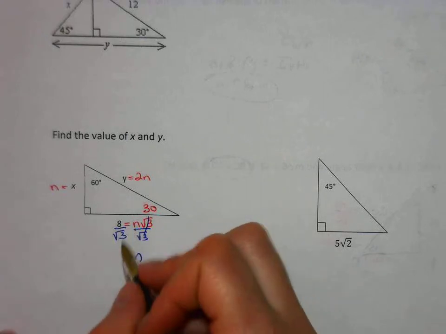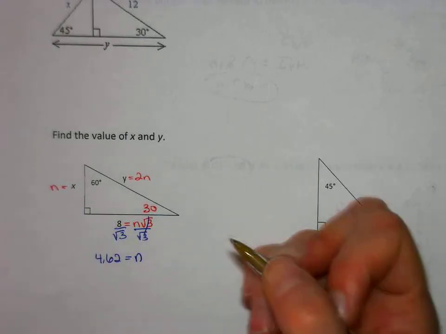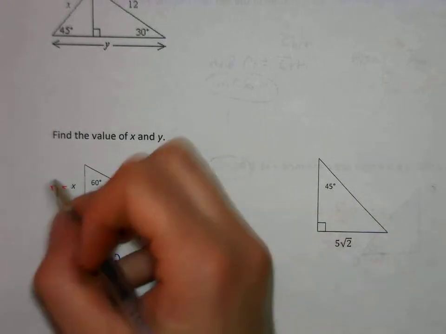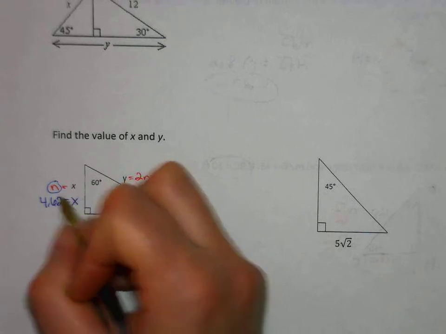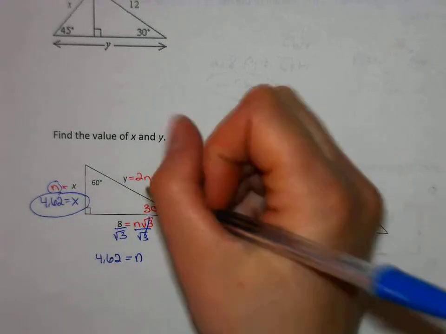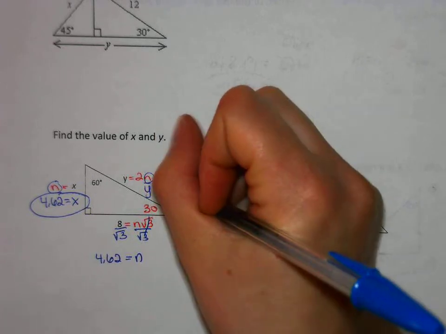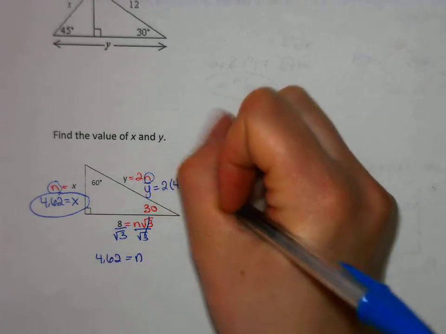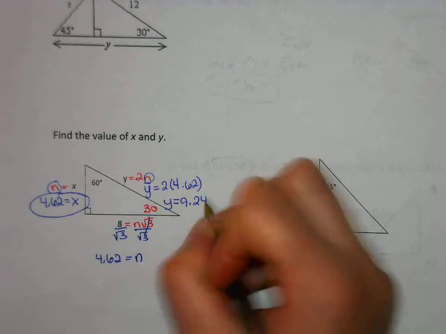So n equals 8 divided by the square root of 3, which is 4.62. So since n equals 4.62, we can replace this one with 4.62. So that's what x equals. And y, same thing. We have 2 times n, which is now 2 times 4.62. So y equals 9.24.